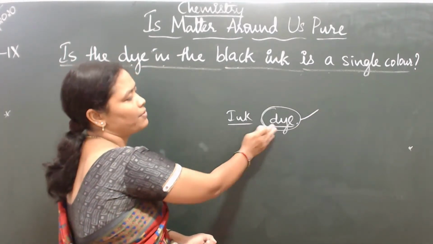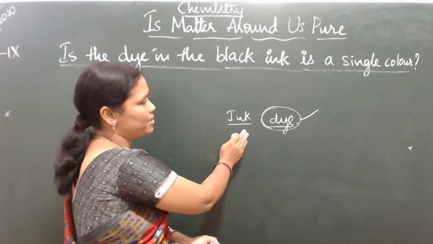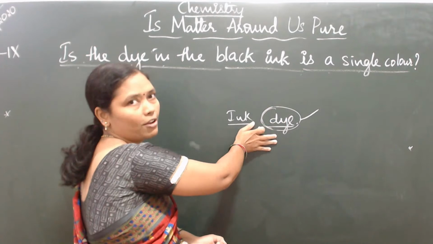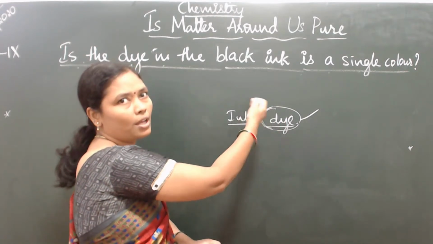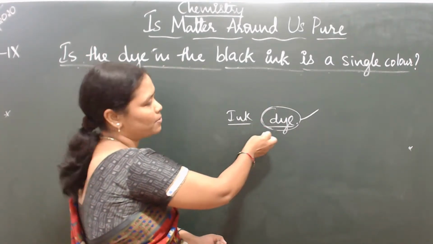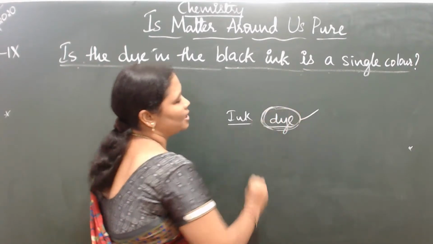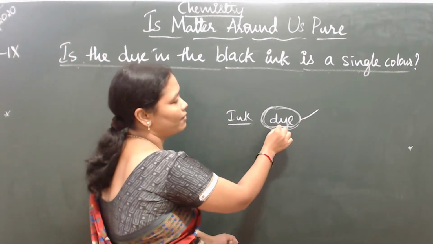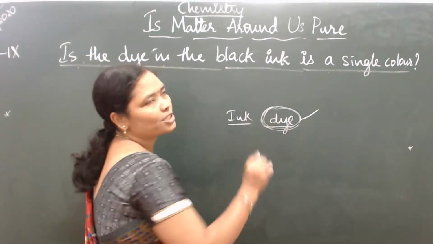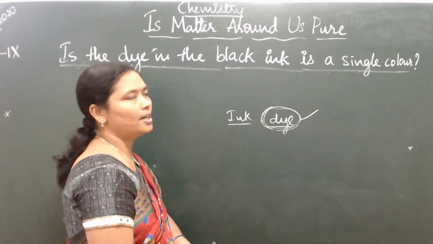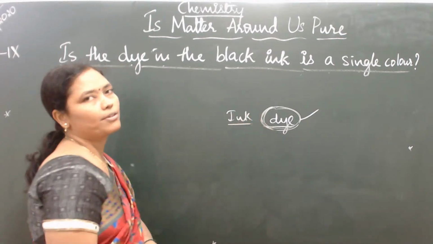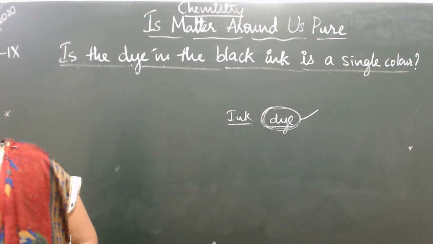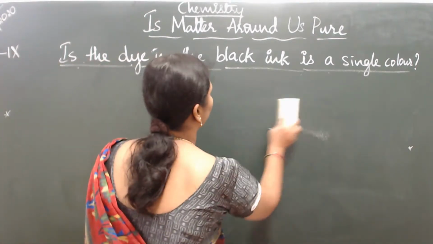We removed the water from the ink using the evaporation process and obtained the dye as a residue on the watch glass. We are going to find this out with the help of the chromatography method.